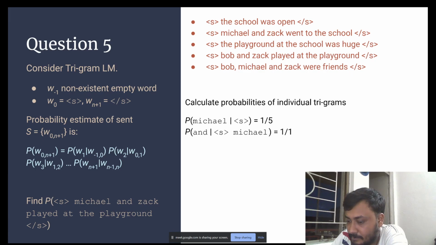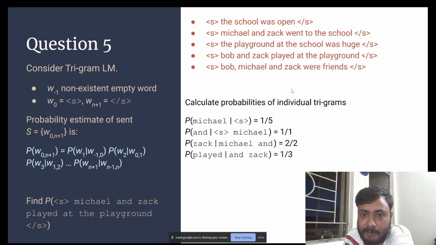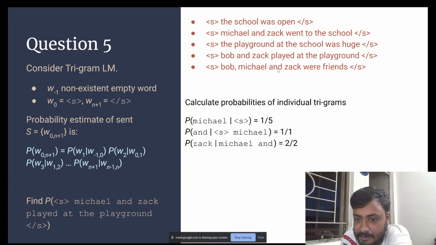It is 1. That is correct. You have two cases of Michael and, the second sentence and the last sentence, so Zach given Michael and is 2 by 2.